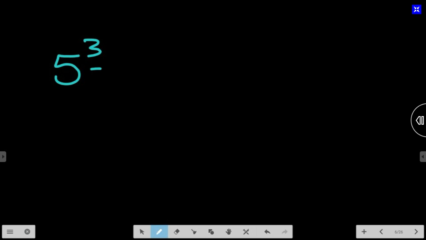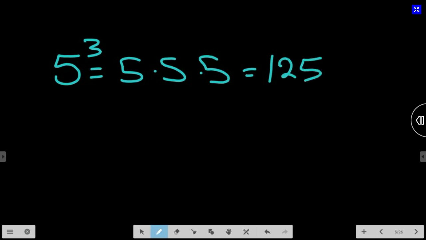If I expand it, I've got 5 times 5 times 5, right? Base is telling me what, exponent is telling me how many. What is that equal to? 5 quarters gives me $1.25.